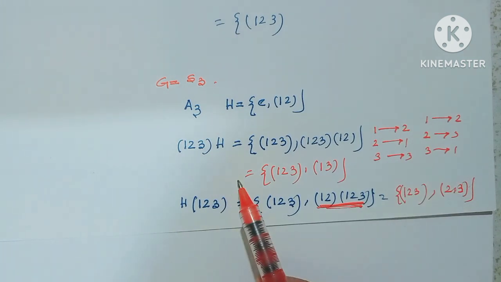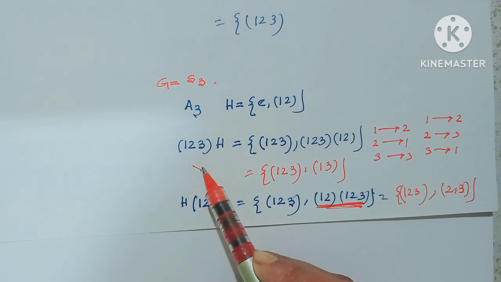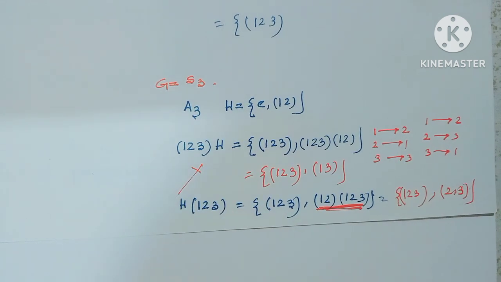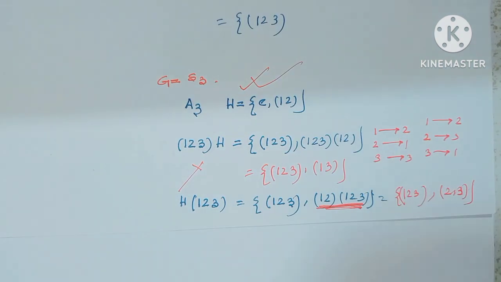Notice, here left coset is not equal to right coset. So this subgroup is not a normal subgroup in S3. I hope all my viewers have understood this.